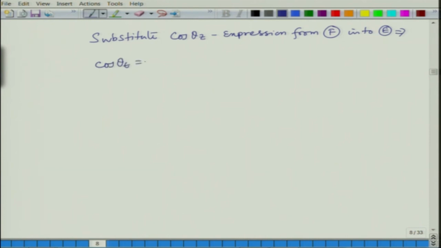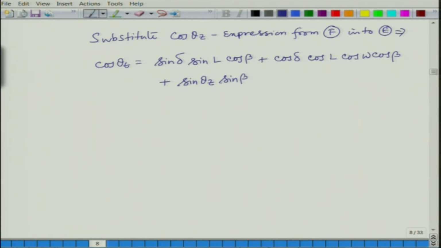The cos of the angle of incidence on a tilted plane will be equal to sine of declination multiplied by sine of latitude cos of tilt angle, plus cos of declination cos of latitude cos of hour angle multiplied by cos of tilt angle, plus sine of zenith angle multiplied by sine of tilt angle and multiplied by the cosine of the difference between the solar and surface azimuth angle.